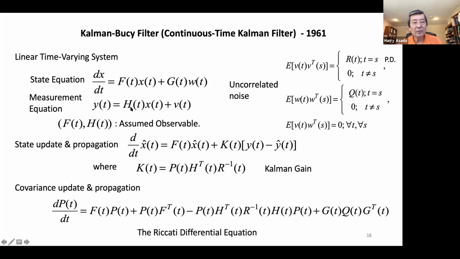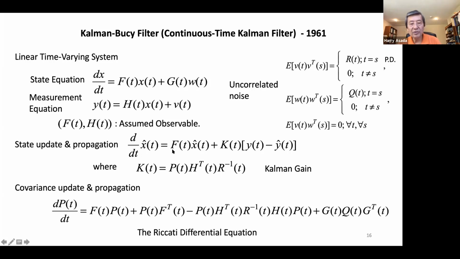And then we assume that the system is observable. So the matrices FT and HT, this pair, are assumed to be an observable pair. And the noises V and W are uncorrelated. This is just a direct extension of the noise properties we use for discrete time.